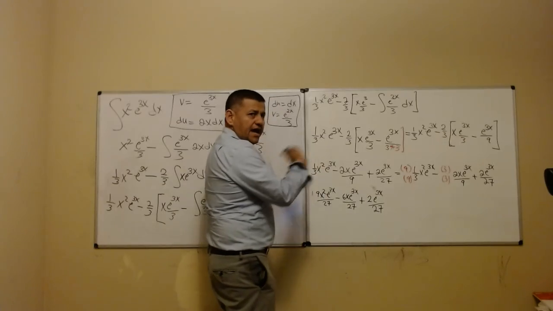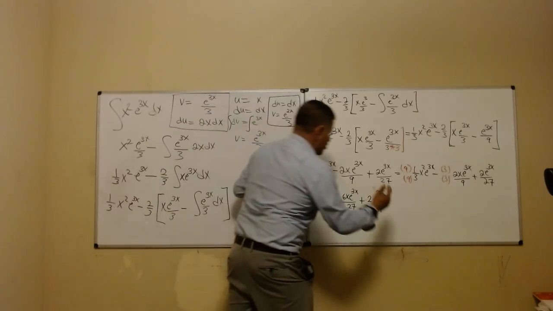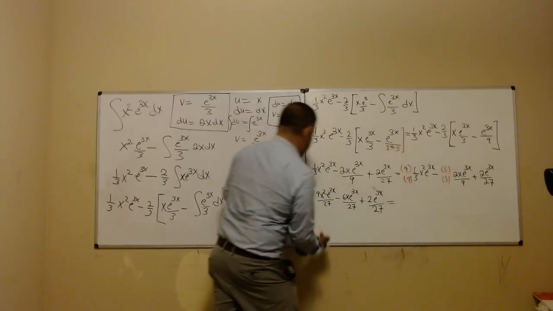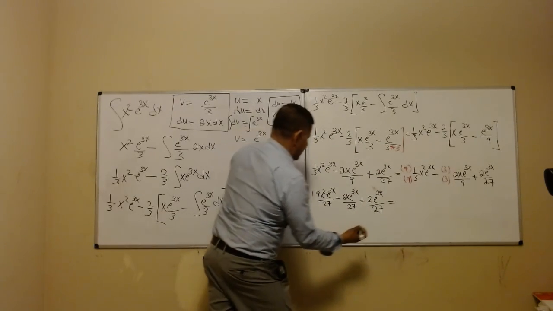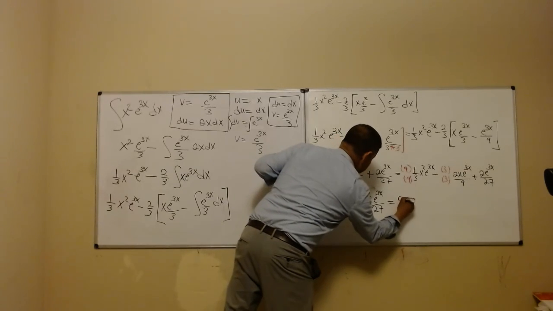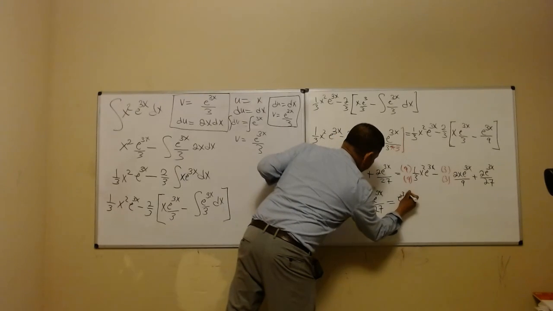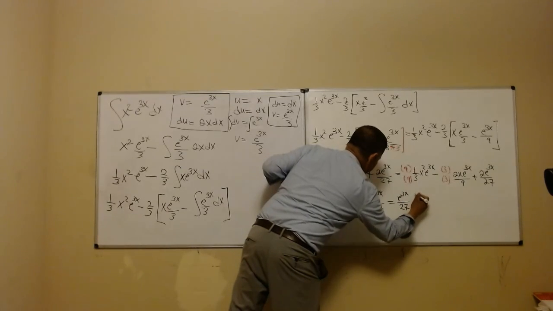So I can factor out also e to the third x, right? So it's going to be e to the third x over 27, right?